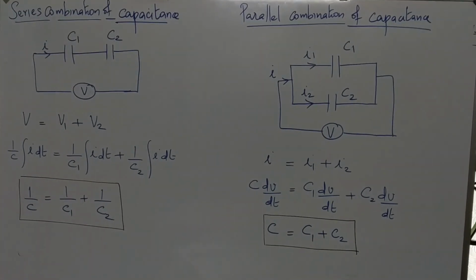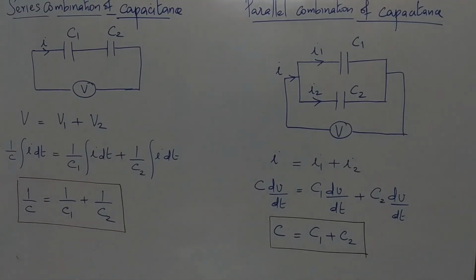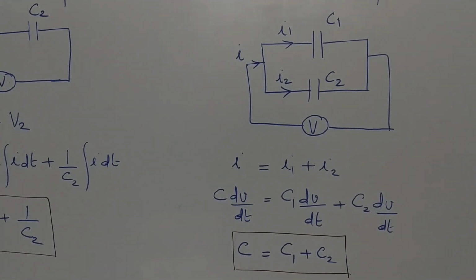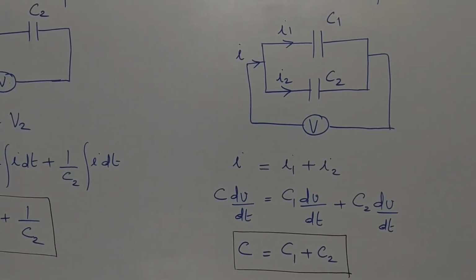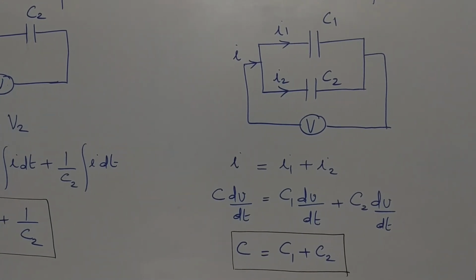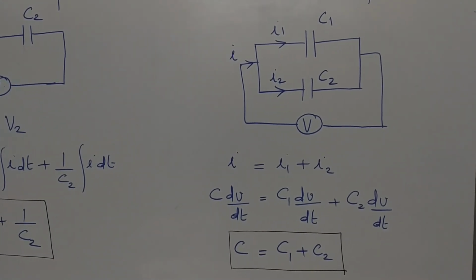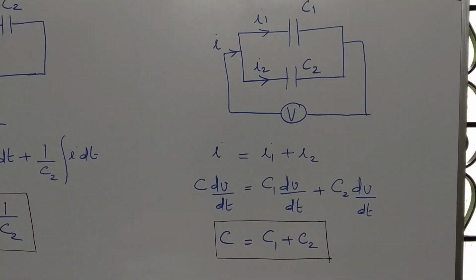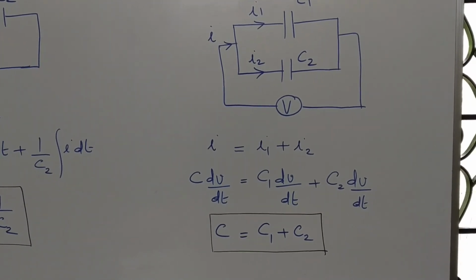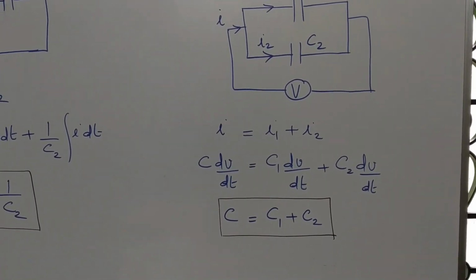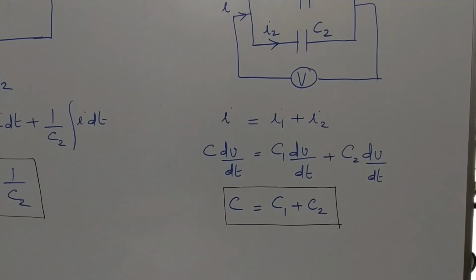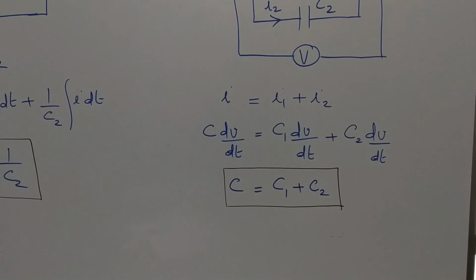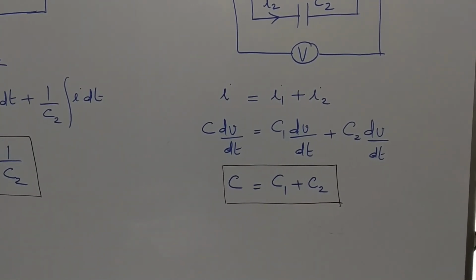Next is parallel combination of capacitance. You have two capacitances C1 and C2 connected in parallel. So here the current will get divided among the two branches. If I is the total current, it gets divided into I1 and I2. So you can write total current I equal to I1 plus I2. Current flowing through a capacitor is C into dV by dt, equal to C1 dV by dt plus C2 dV by dt.